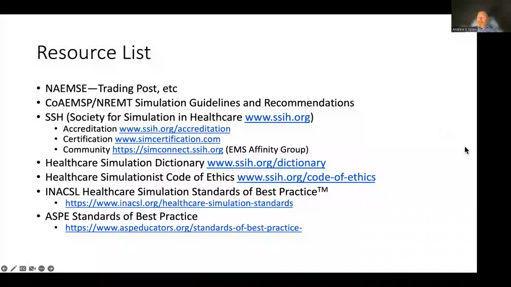Great. Just looking through some of the other comments. Do we believe there are times scenarios should be stopped to discuss decisions as they are being made, depending on the scenario or training that is being done at the time? Great question. Ultimately, I would suggest that your earlier simulation activities are more appropriate for those stop points.